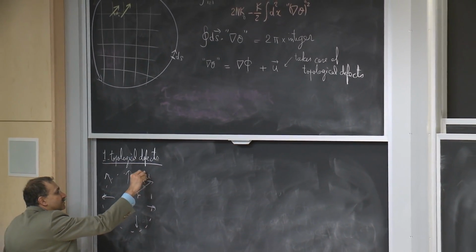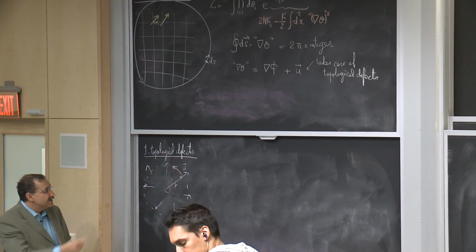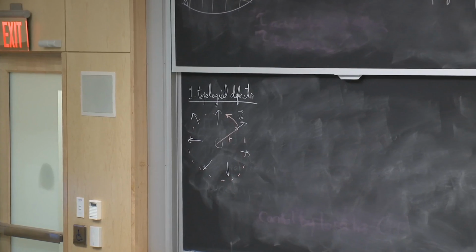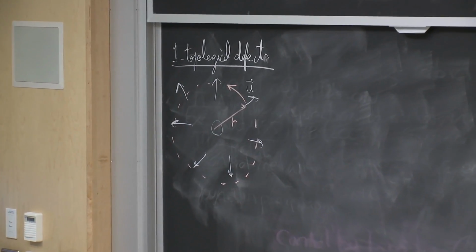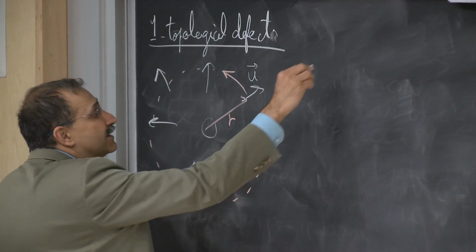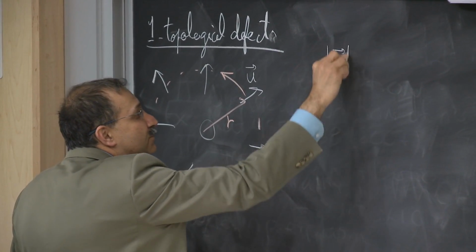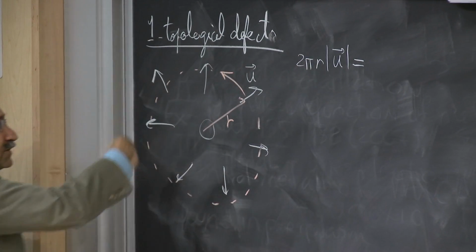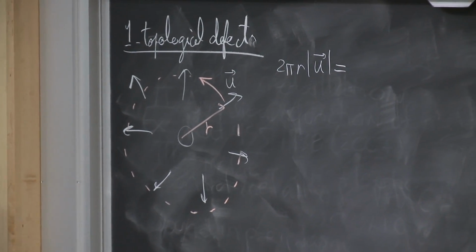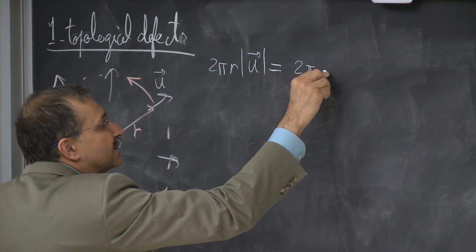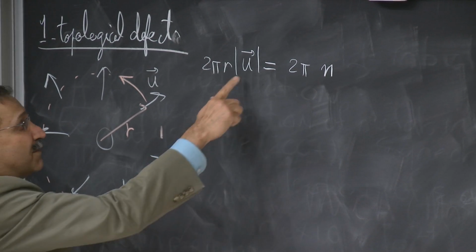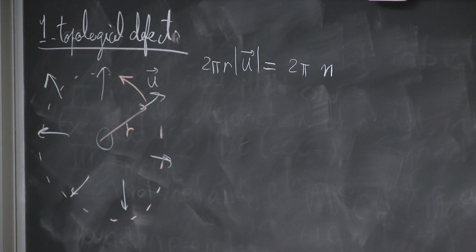So there is this u, and I integrate it along this circle, and the answer is going to be 2 pi n. Well, clearly, the magnitude of u times 2 pi r, which is the radius of this circle, is going to be 2 pi times some integer. Could be plus minus 1, plus minus 2. And so the magnitude of u is n over r.